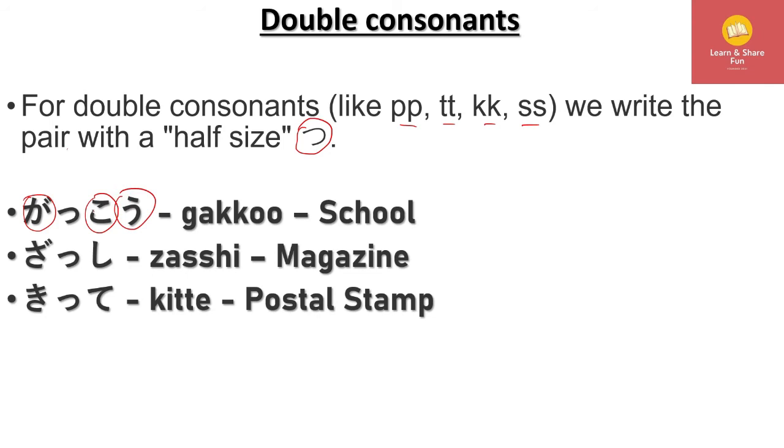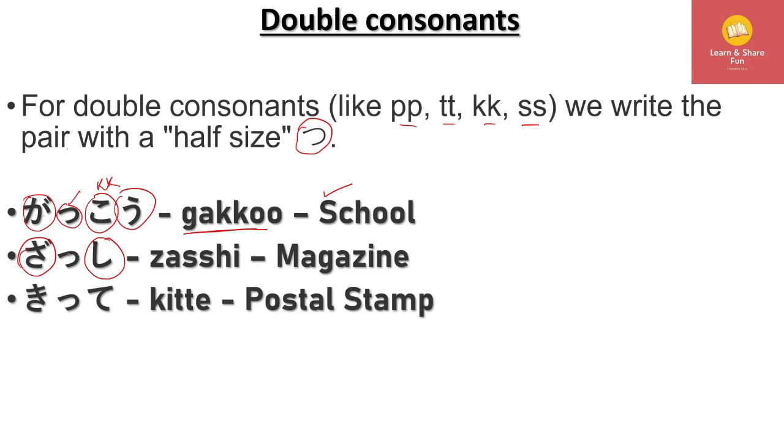Did you notice the half size tsu in between ka and ko? Because of this tsu, the sound of ka becomes longer and hence the pronunciation is gakko. Gakko means school.